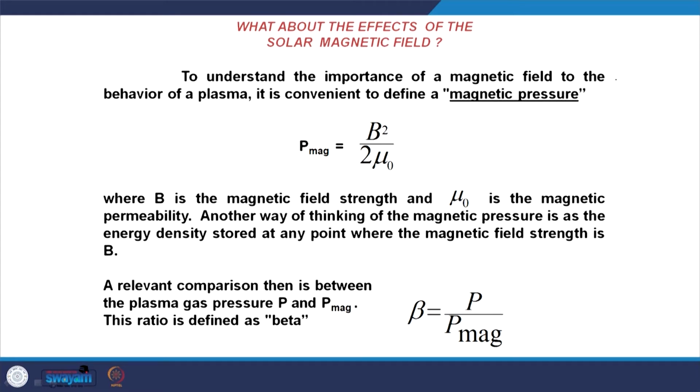Or we can simply say that magnetic pressure is the energy density stored at any point where the magnetic field strength is B. So, when the magnetic field strength is B, the energy stored at any point is B squared by 2 mu naught.